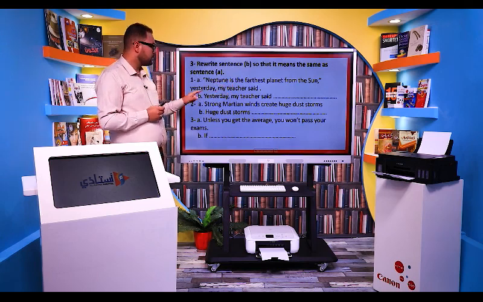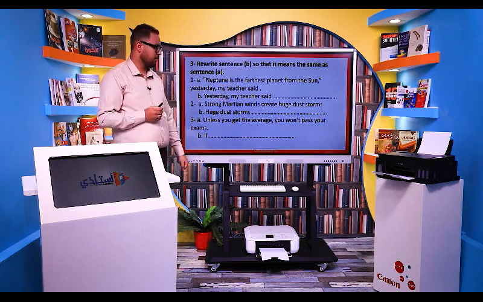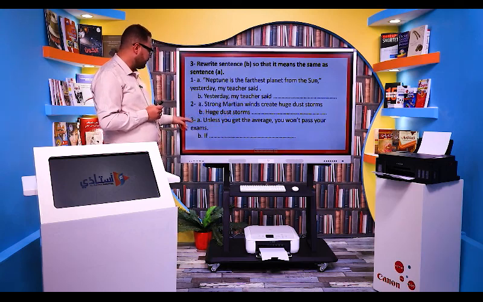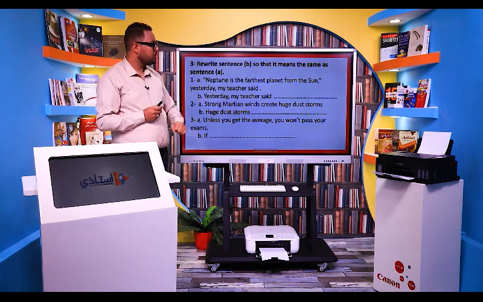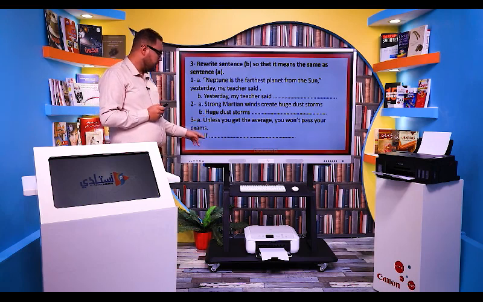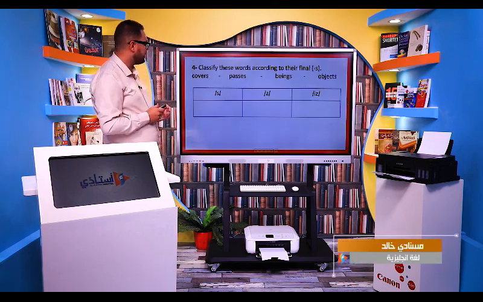Number 2, strong Martian winds create huge dust storms. Huge dust storms, and complete the rest of the sentence. 3, unless you get the average, you won't pass your exam. Starting with if, complete the rest of the sentence.